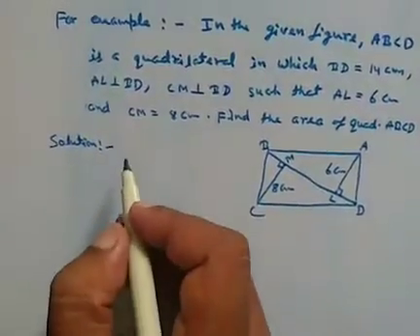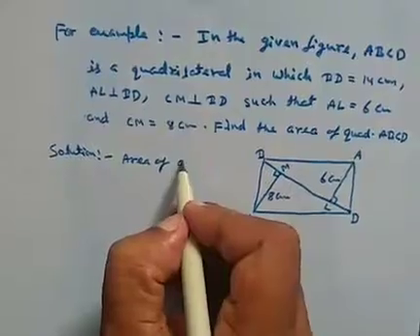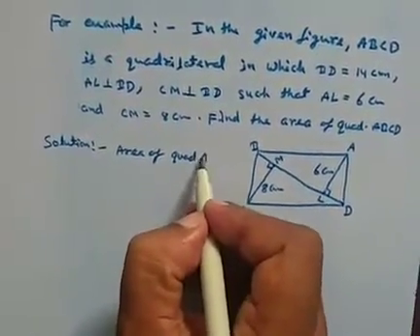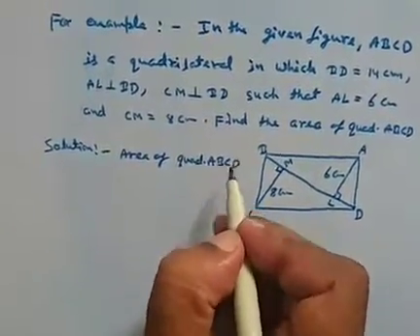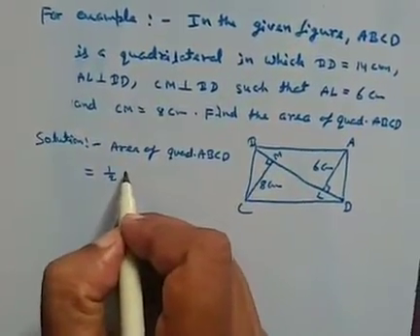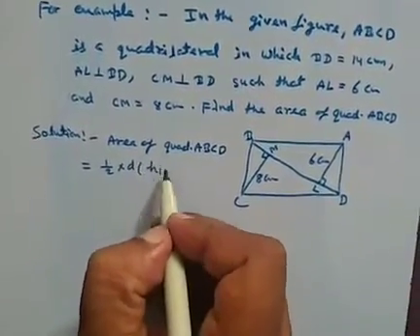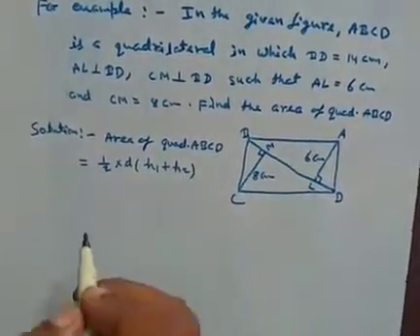Solution. We know that area of quadrilateral ABCD equal to half into D into (H1 plus H2).